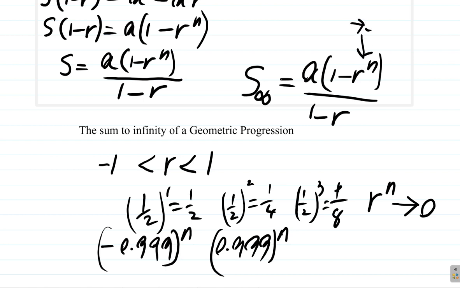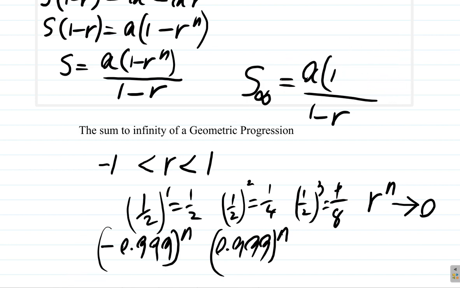It will tend to 0. r to the n will get smaller and smaller and approach 0. So when it is 0, what you would have is 1 minus 0, as n gets larger and larger. But the thing is, 1 minus 0 is 1.